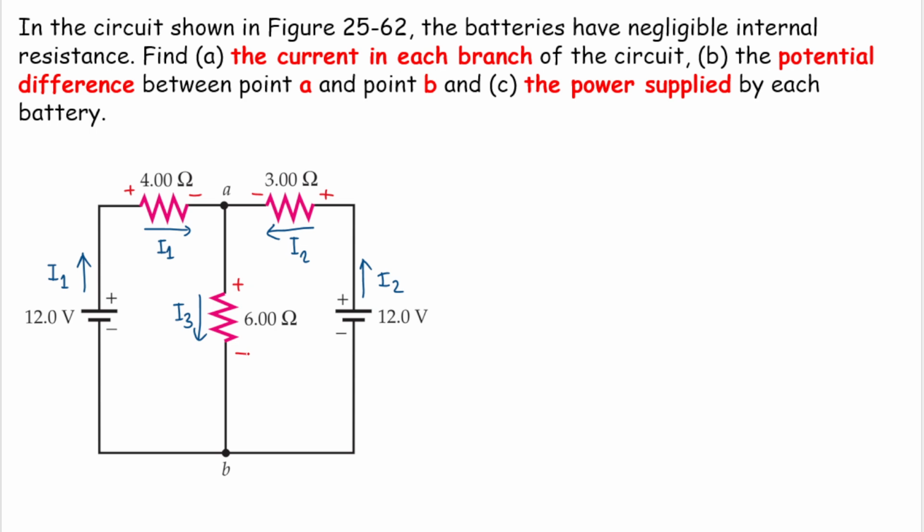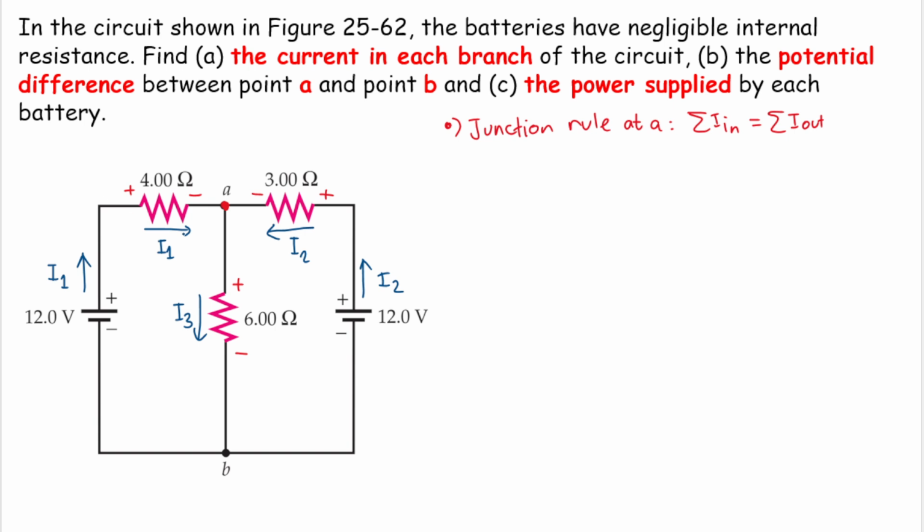Now let's see here, we have a junction at A, so we can use the Kirchhoff junction rule at A. The junction rule says that the sum of the currents that go in will equal the sum of the currents that go out, right?